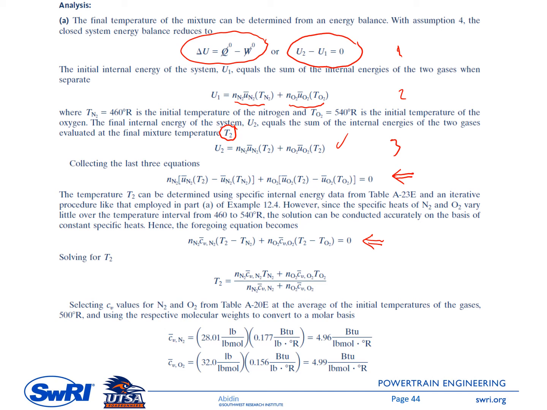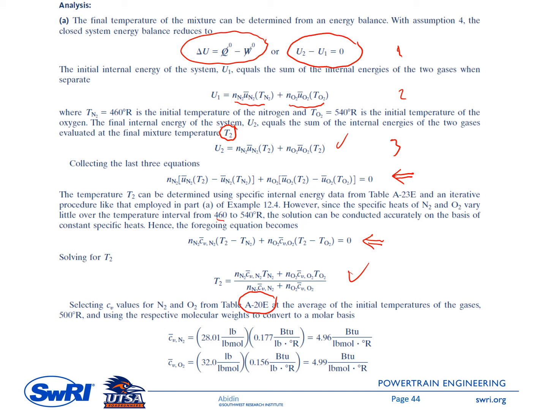But in the exam or homework, I will state clearly whether you can assume Cp constant or not. If we assume Cp constant, then you will get this equation. To select values for N2 and O2, you can use table A20E. You can use the average of the initial temperatures of the two gases.